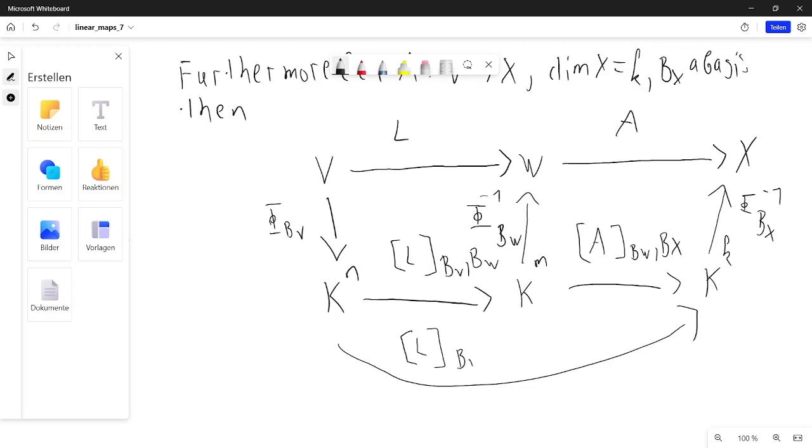And this is just BV, BW. Of course, pay attention that you get the order right, just like I got it wrong now. Okay, BX, which is actually equal to the composition of L, BV, BW, BX, right? As we have established.